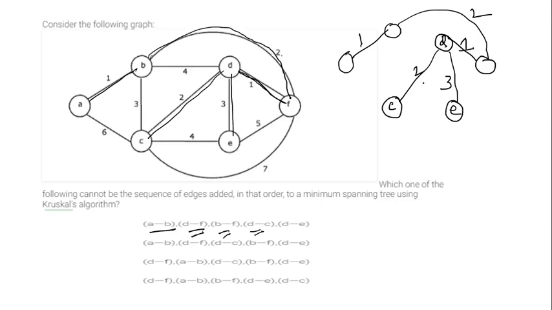Okay, so what is the cost? 3, 4, 5, 6, 7, 8, 9. In this case the cost is 9. Students, the cost is 9, correct? Is it okay? This one?